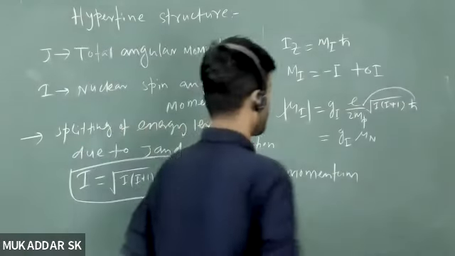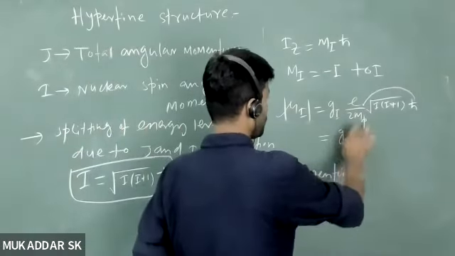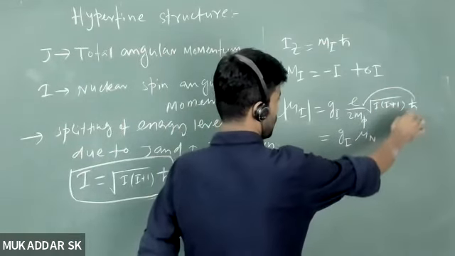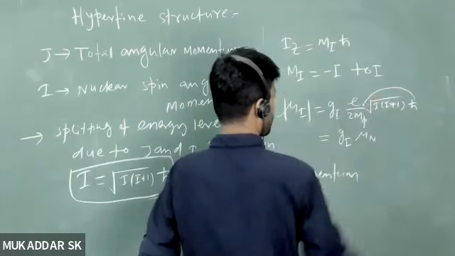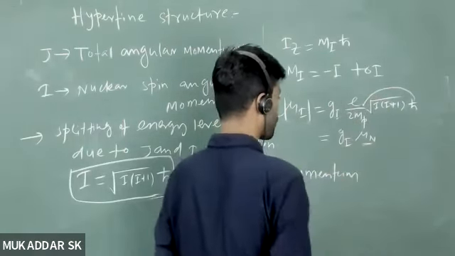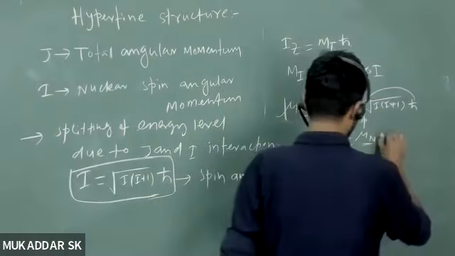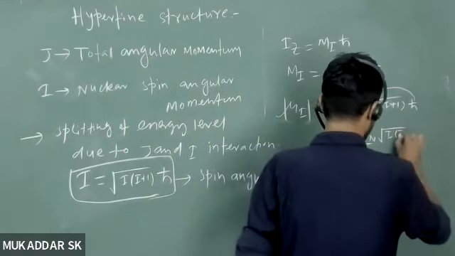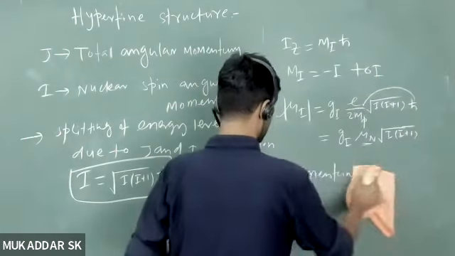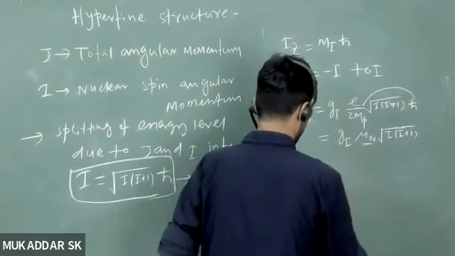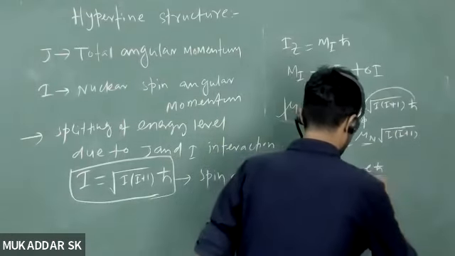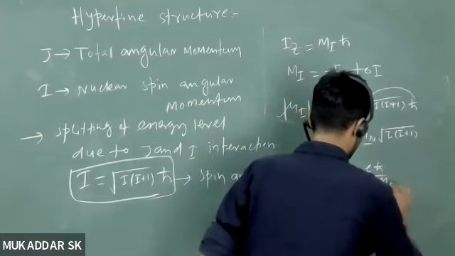So that will be g factor, e by 2 Mp, then I's value is root over I into I plus 1 H cross. Now if you bring H cross here, e H cross by 2 Mp is nothing but the nuclear magneton mu n, and you have root over I into I plus 1. Here mu n is e H cross by twice Mp.